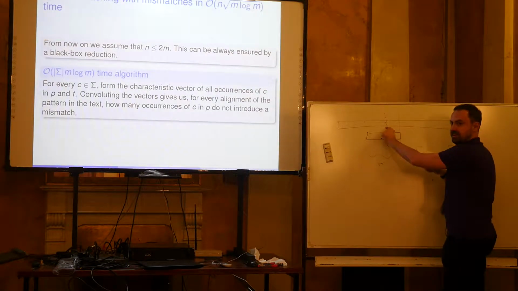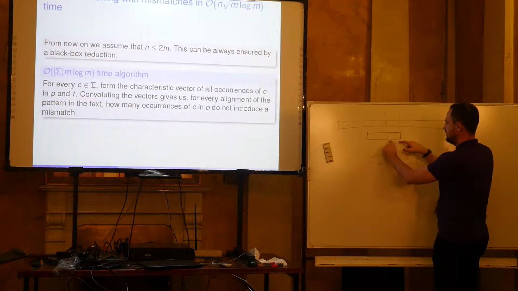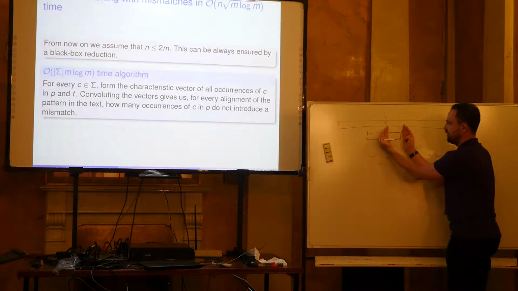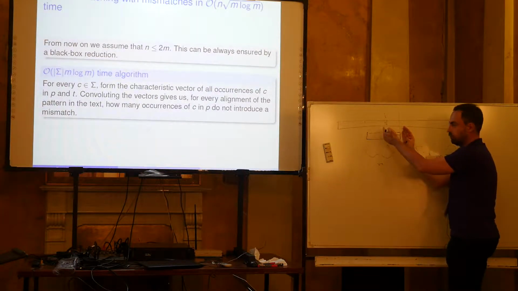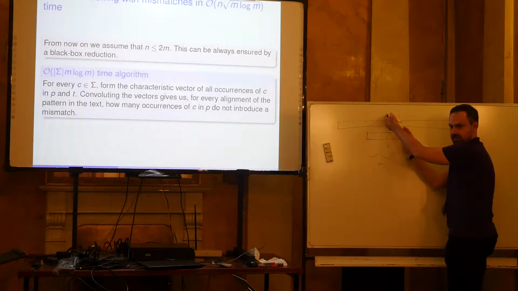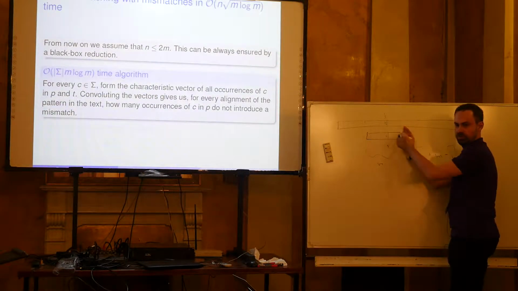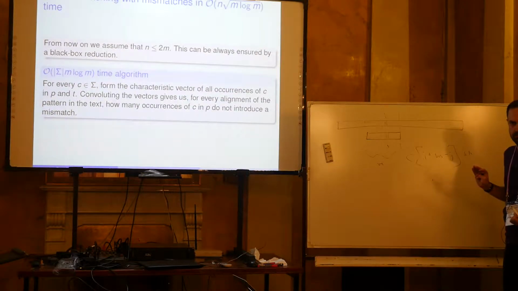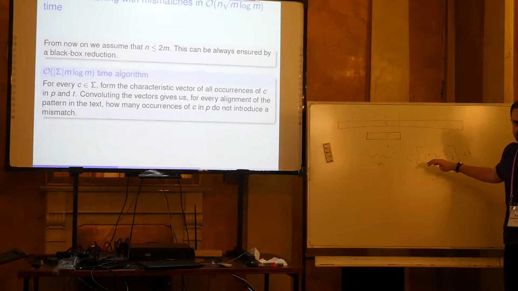So this is position i in the text, and what's this distance from position j in the pattern to the last position in the pattern? It's m minus j. Yeah, from here to here, I have m minus j positions. And those two occurrences are aligned with each other. So I have to go to position i in the text, and go to the right by m minus j positions. Okay? We can talk later if it doesn't make sense.